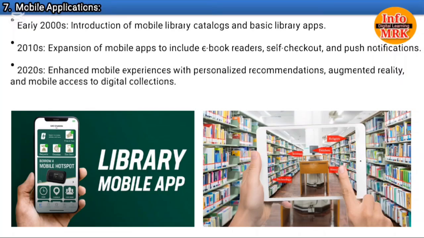This picture shows that augmented reality is used by mobile applications in the library, and these tools play a very important role in the development of library activities for the users.